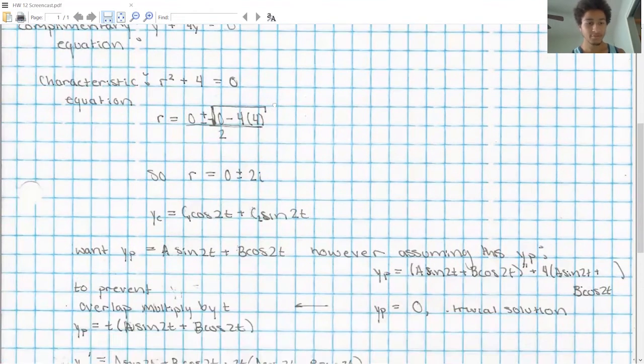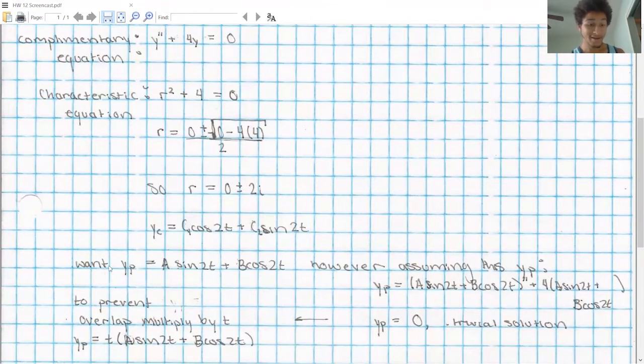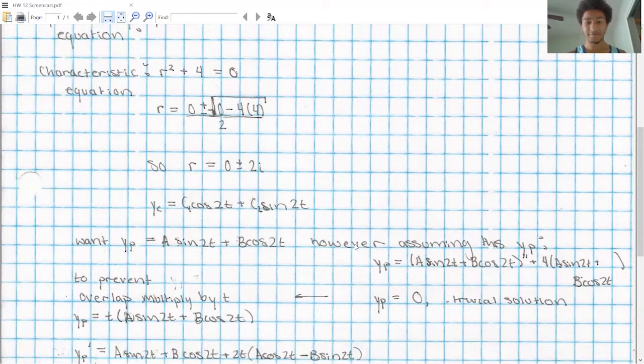So what we're going to do, we want y sub p to look like this, a sine 2t plus b cosine 2t. However, we can see that this matches the form of y sub c. We're just replacing our variables in this case. So how can we avoid what we would get right here, a trivial solution?